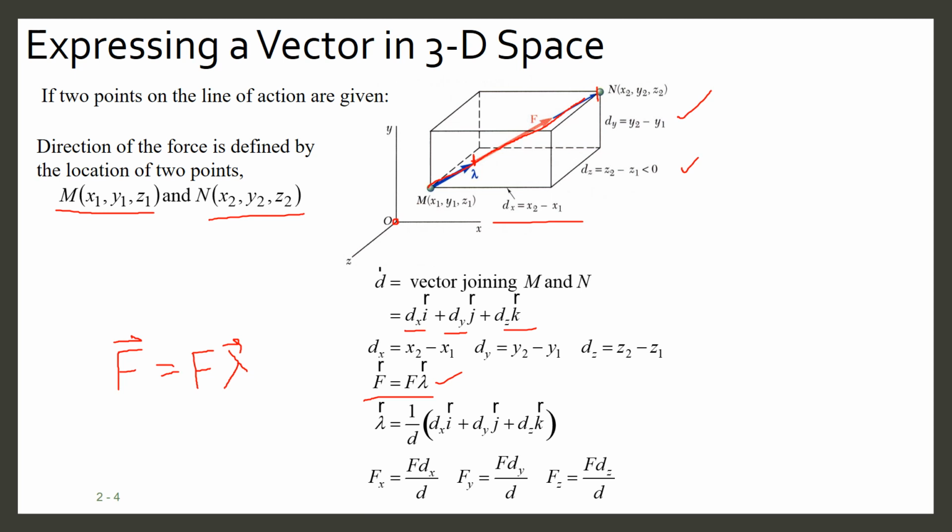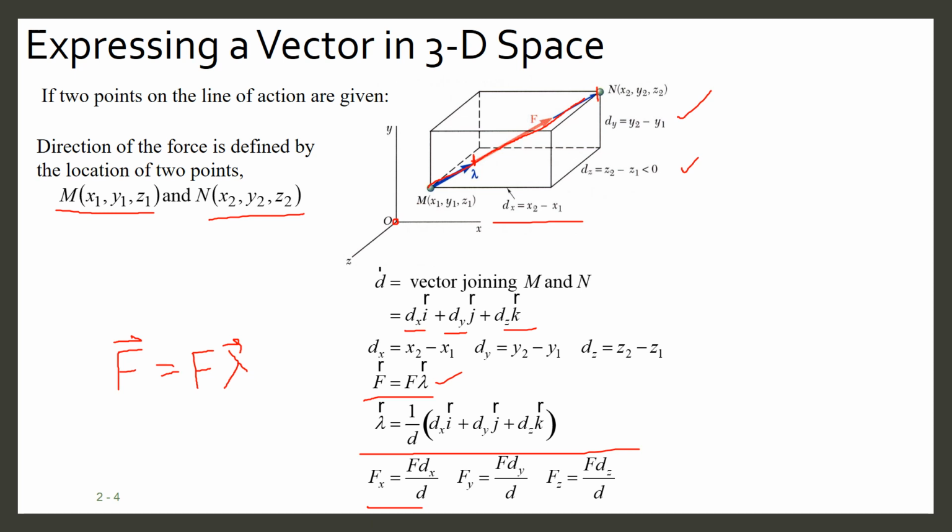Now you can calculate lambda by this equation. Lambda will be equal to (dx i plus dy j plus dz k) divided by d. And the components Fx will be F dx by d, Fy will be F dy by d, and Fz will be F dz by d.